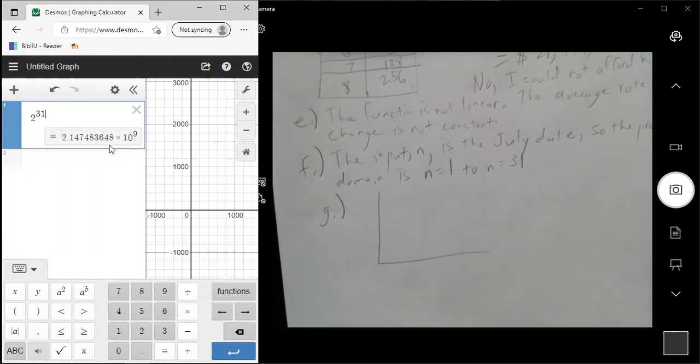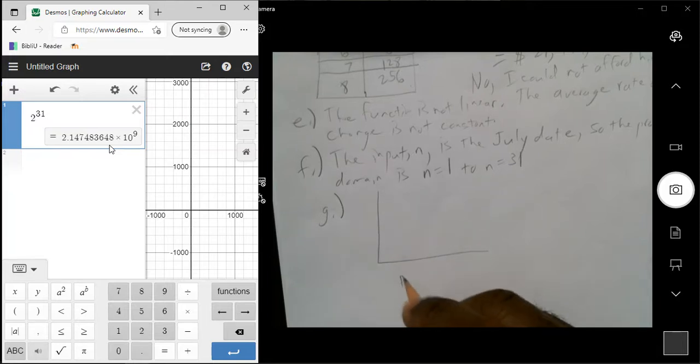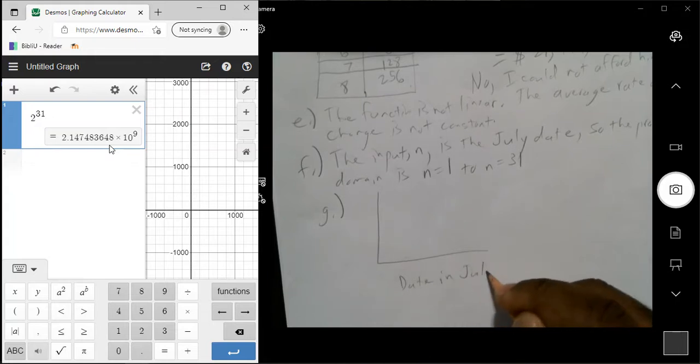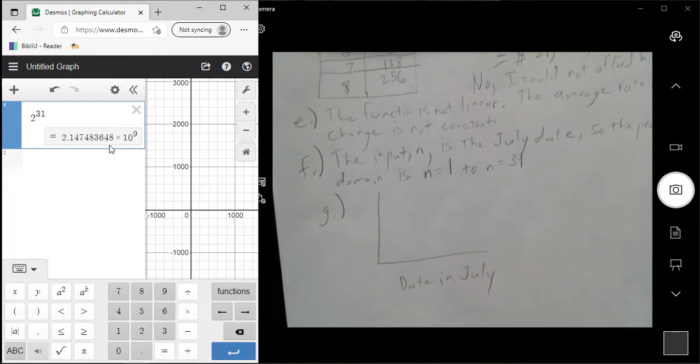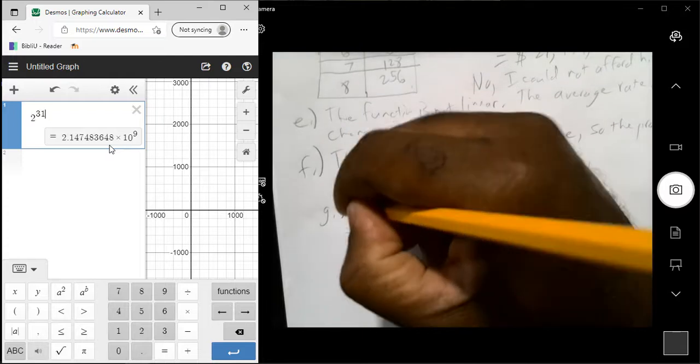But I am going to show you how to do the scales, and then I'm going to show the graph on Desmos. So right here, n is the date in July, so that would be your x-axis. And then your y-axis would be the pay, or the cents.